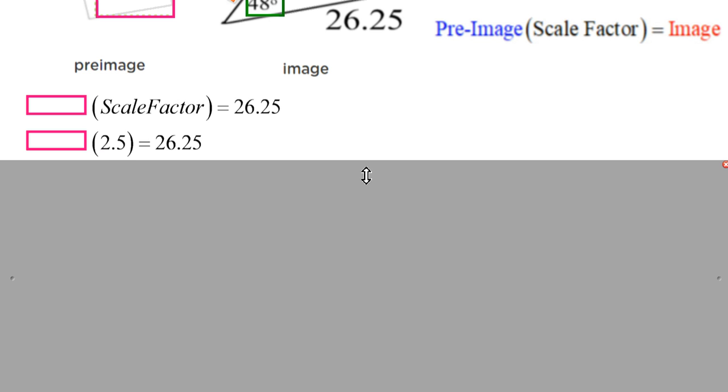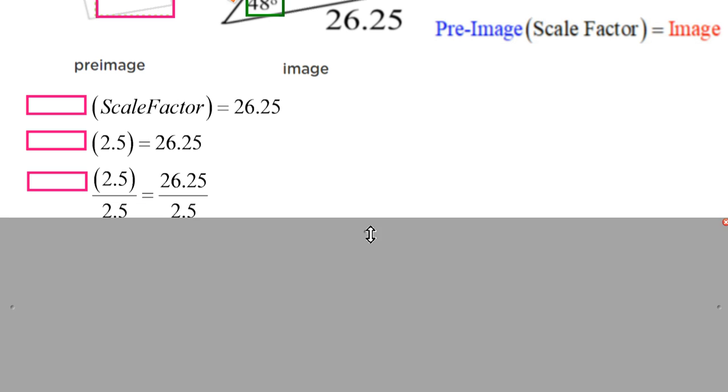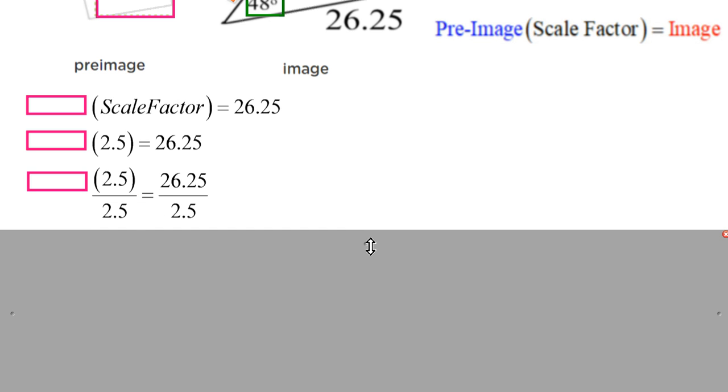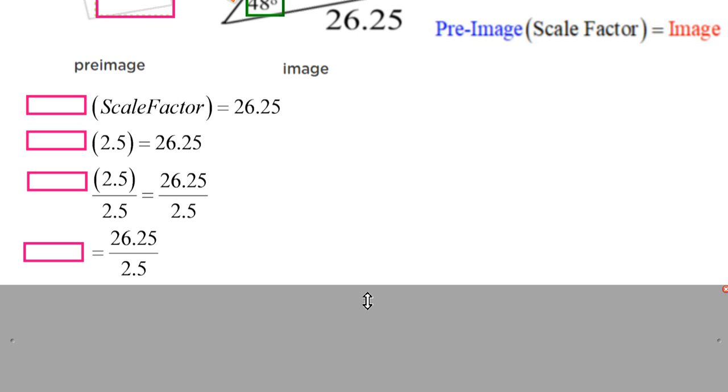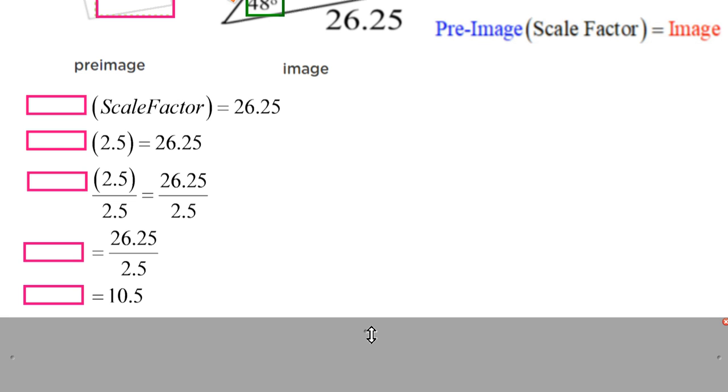How do you undo multiplication? Division. So we would divide each side by 2.5. That leaves the length of the pink side of the triangle equivalent to 26.25 divided by 2.5. And if we do that, we get 10.5. So we could fill that in as our missing side length.